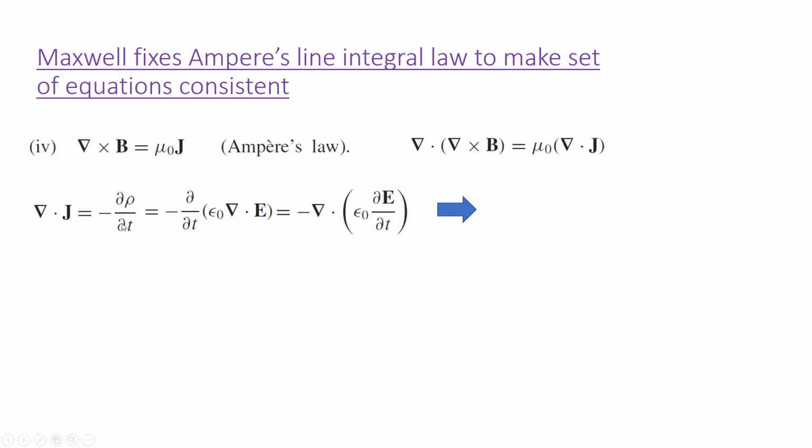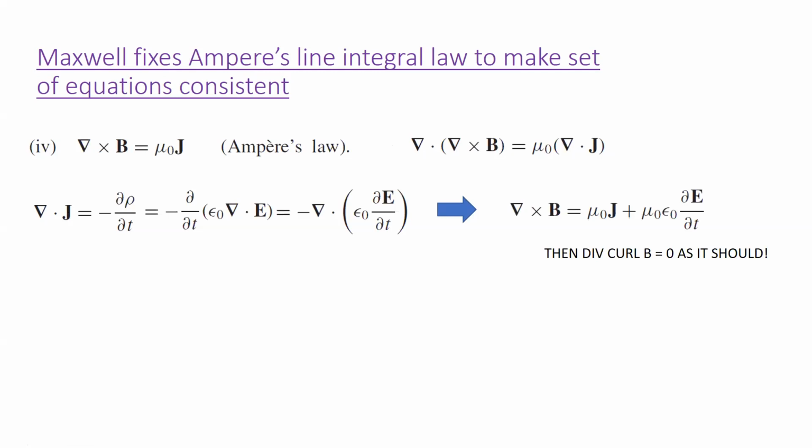Okay, so the divergence of J is minus the divergence of epsilon naught dE dt. So that suggests that if we just add on to this side a term involving epsilon naught dE dt, then we can cancel this mu naught times the divergence of J and get 0 for this divergence of curl, as we should.